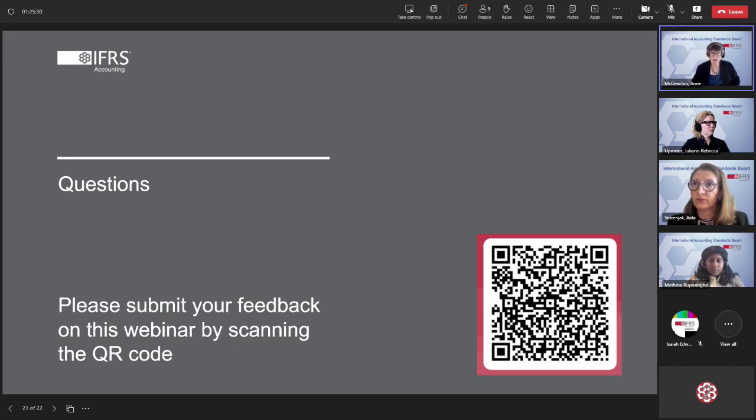So you would combine it with some other item, and it wouldn't matter which item you combined it with. If the amount is immaterial, you can present it, disclose it with whatever other item you feel is most sensible, because there's no material information provided by it.